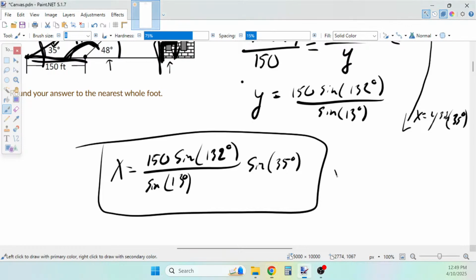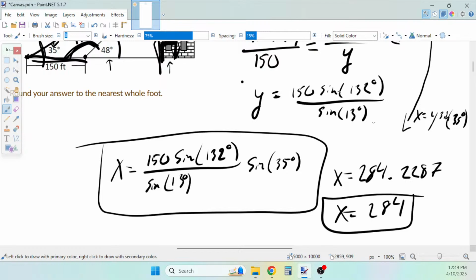It gave me x equals... point... 7. How far do we have to do this? Round to the foot. So, roll down to the next problem.